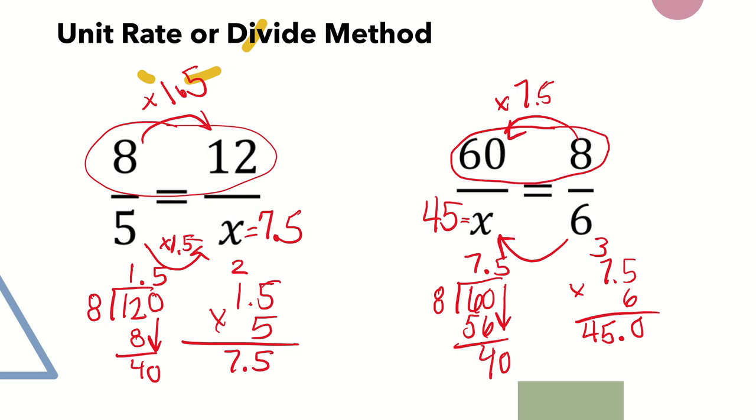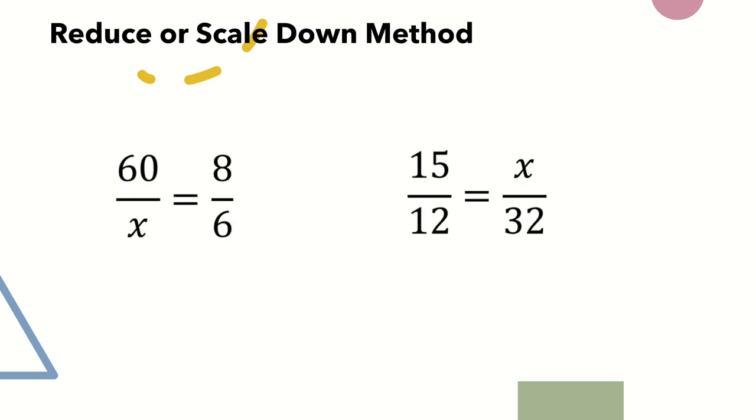Let's look at another method. This is my reduce or scale down method. We're creating equivalent ratios and just making it smaller for us to do our math with. So it's making it a little bit easier for us to multiply or divide. Let's see if it's a number that we can reduce. The best way is to look at what numbers are already present.